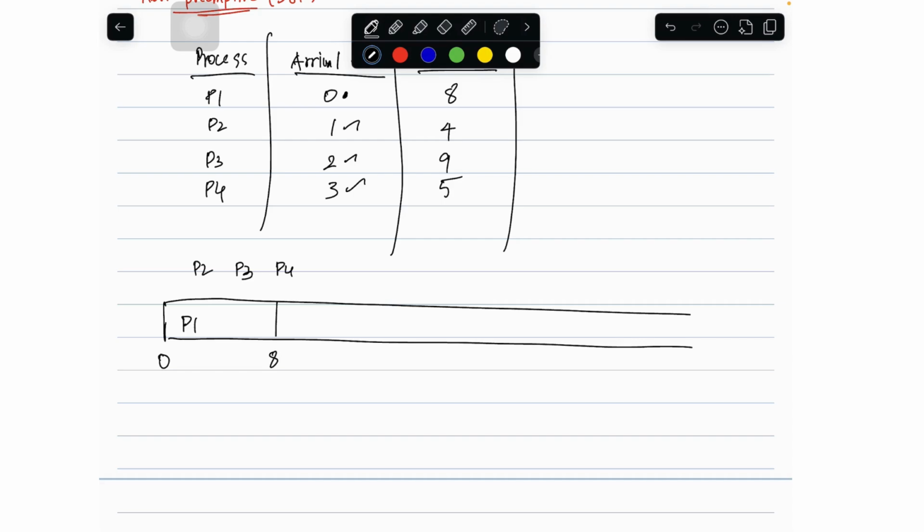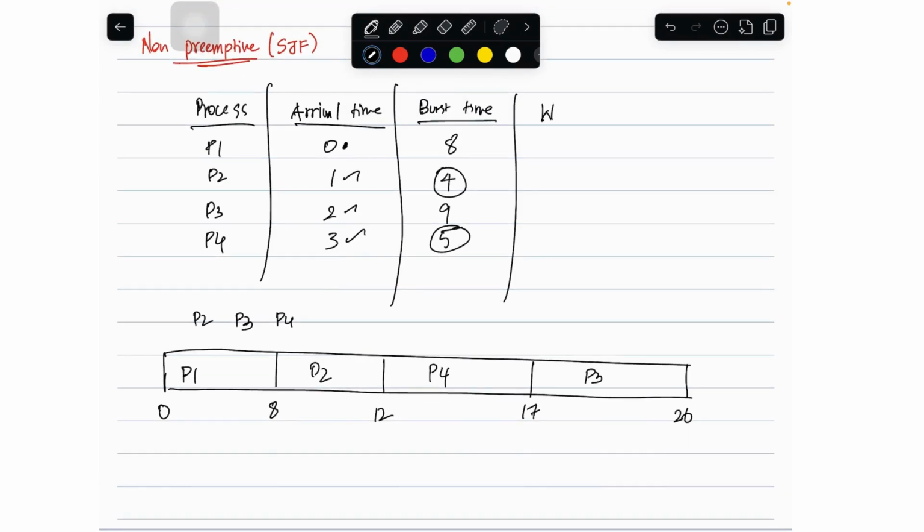From within this, we can choose the process which has the smallest burst time, which is process 2. It takes 4 units of time, so 12, and P4 because that is smaller, 17, P3, which is the last one, 26.